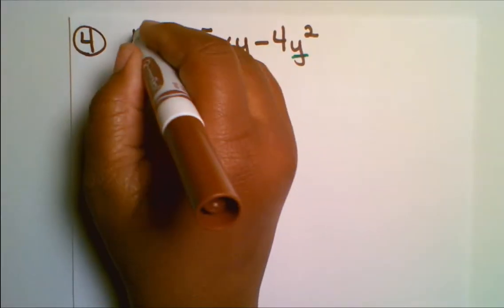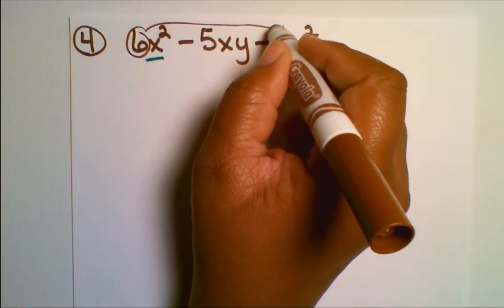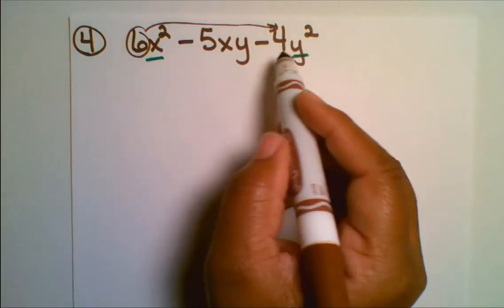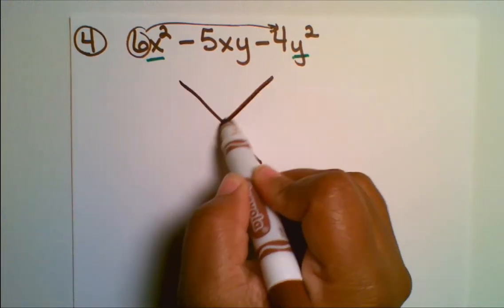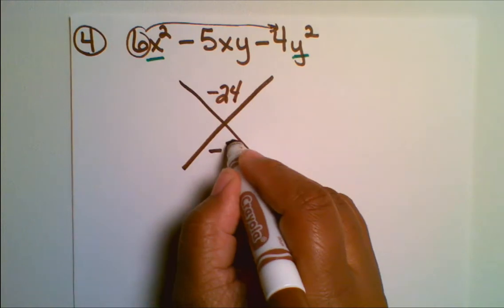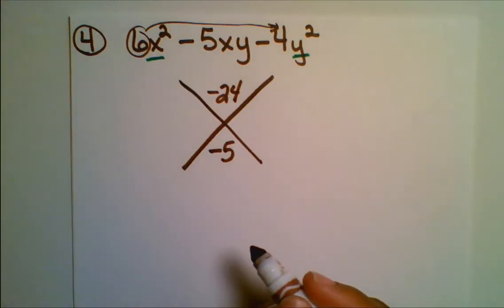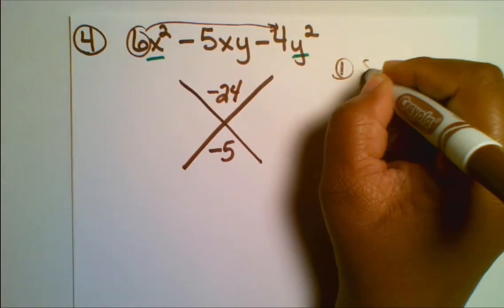First of all, take the 6, multiply it to the negative 4. Look at the signs in front of each term. So what are factors of negative 24 that, when you add those factors, you will have negative 5? So that was your slide.